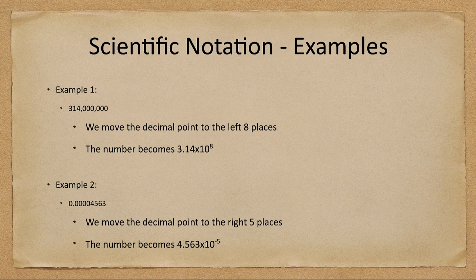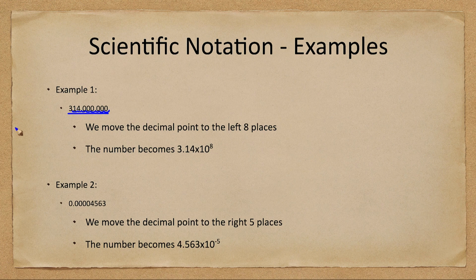Now, let's look at a couple of examples of this. Let's look at a relatively large number and a relatively small number. So here we have the number 314 million. Well, the decimal point, even though it isn't printed, would be here at the end. So we have to move the decimal point how many places? 1, 2, 3, 4, 5, 6, 7, 8.